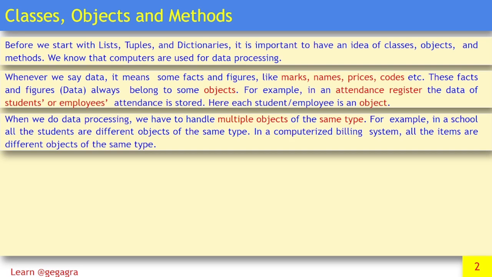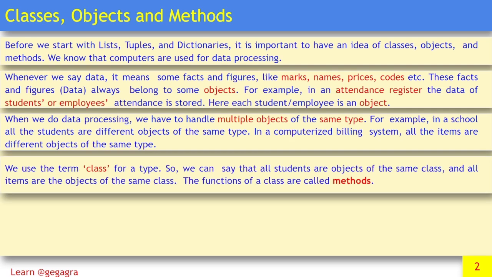If I talk about groceries like bathing soap, there is Lux, there is Rexona. These are the objects, but they belong to the soap. So the class is soap, and the different objects are Rexona, Lux, etc.